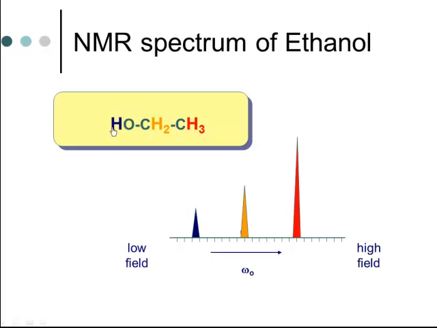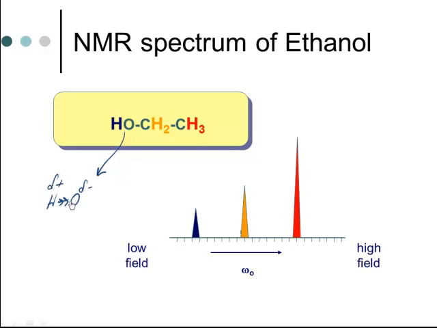Now it so happens that this hydrogen, which is attached directly to the oxygen out here, experiences the highest effective magnetic field. As in this OH group, the oxygen is directly attached to hydrogen, the electrons are withdrawn more towards oxygen as it is highly electronegative.